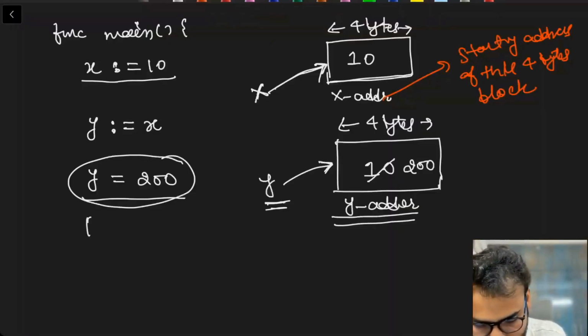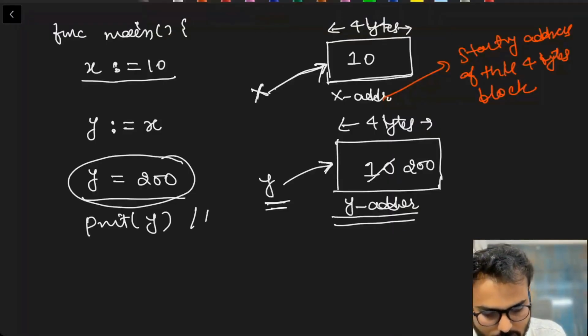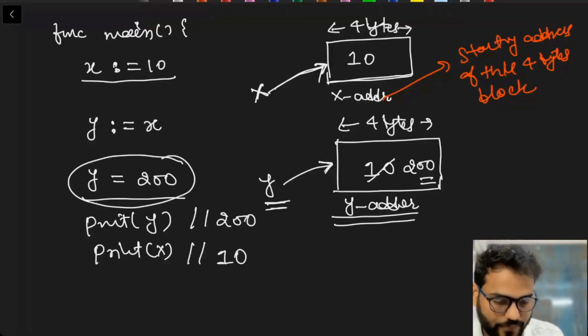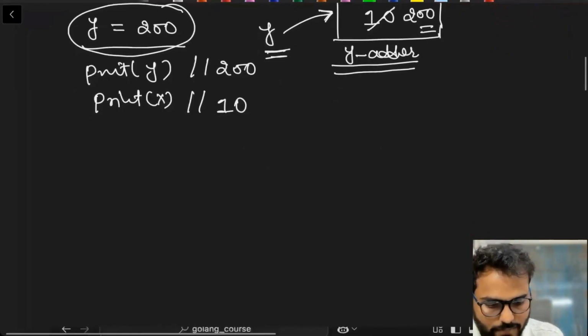So when we print y here, it will give 200 as the corresponding memory location has 200, but when we print x here, it will give 10 because the corresponding memory location is storing 10. Now let us discuss the other scenario related to functions.